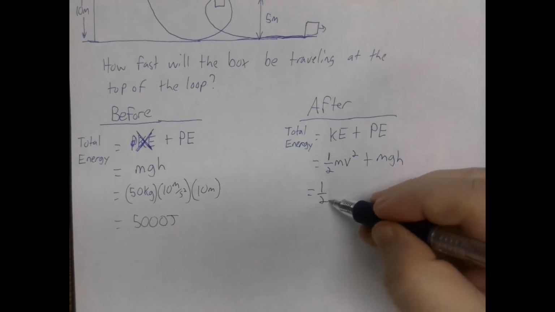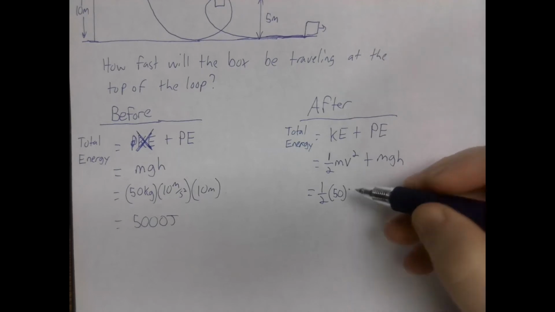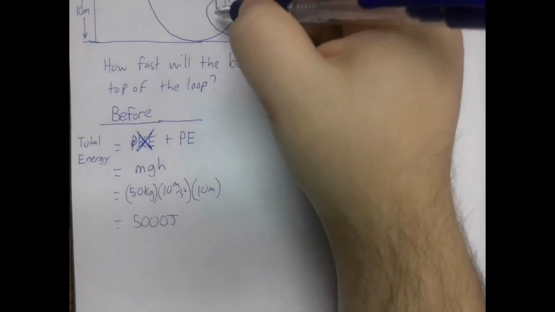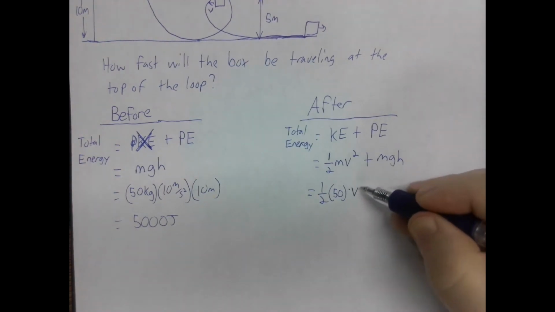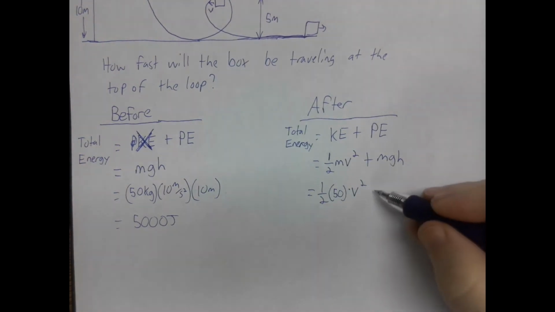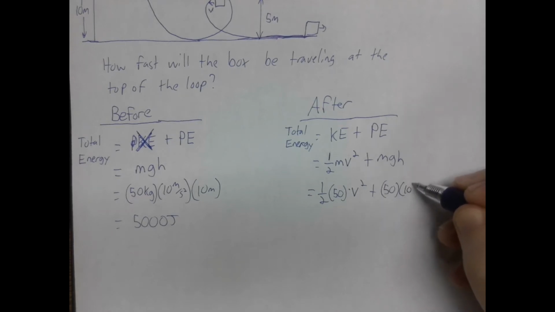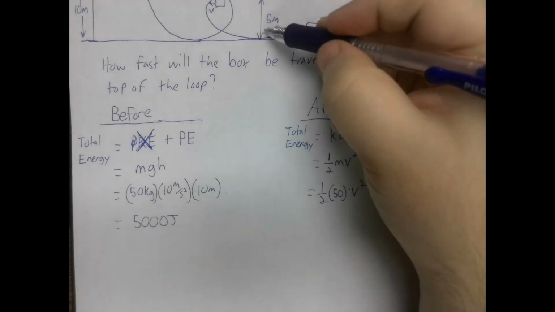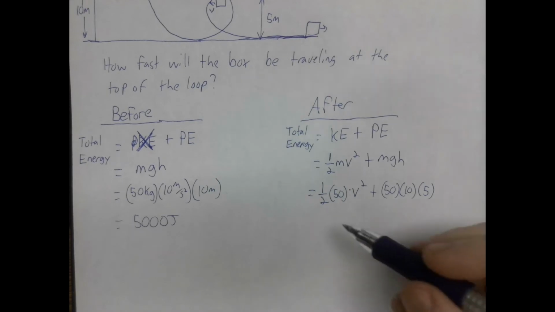So it's 1/2. Mass is 50. We don't know its speed. It's moving at some speed, v. So we can just plug in v squared plus its mass. Its mass is 50. G is 10. And its new height is 5 meters.